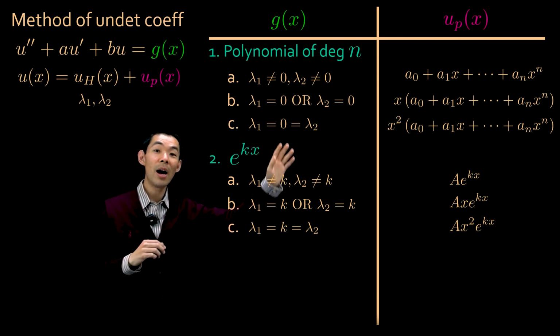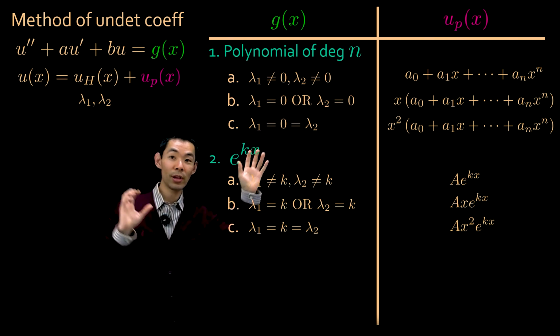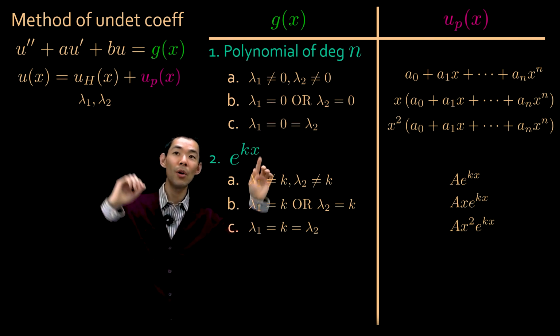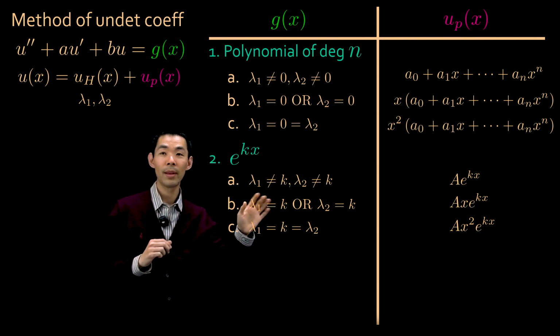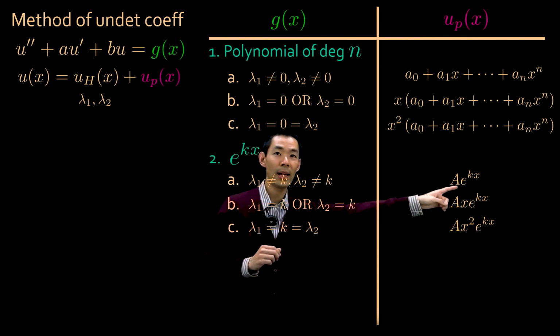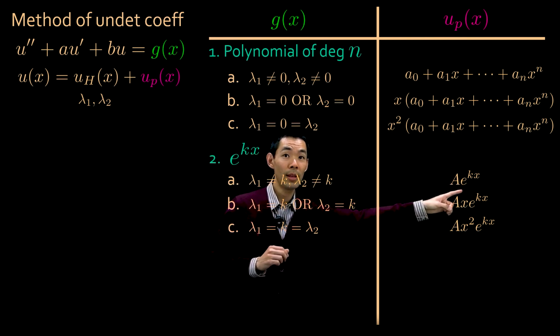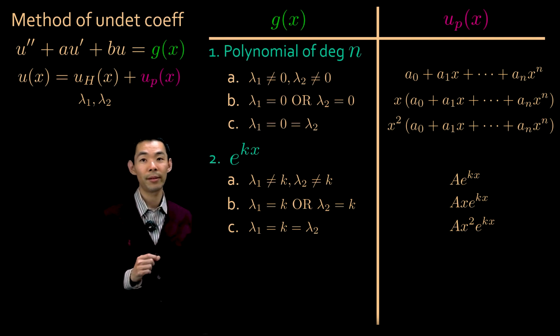If your non-homogeneous term g of x also has the form of an exponential, you can compare the roots lambda 1 and lambda 2 with the prefactor inside your exponential for the g of x term. So if neither of them are equal to k, then you just simply guess another form of an exponential, e to the kx, with a prefactor a. We'll find a in a little bit.